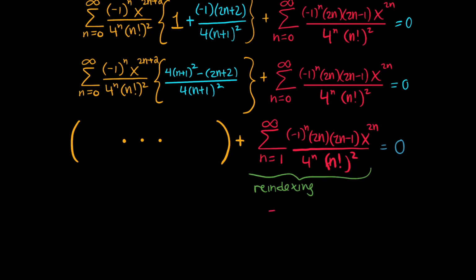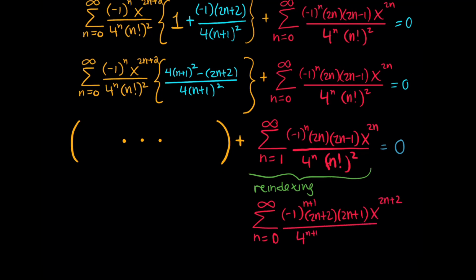The purpose of re-indexing it is that it's going to allow me to boost the powers of x so that the powers of x in both series match. In fact, now I have x to the 2n plus 2 power in both series, so now I'll be able to combine all of the series together.